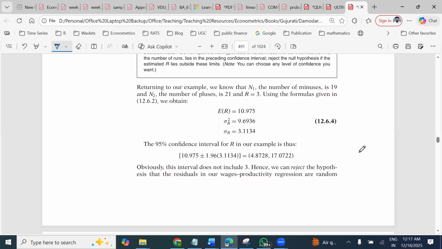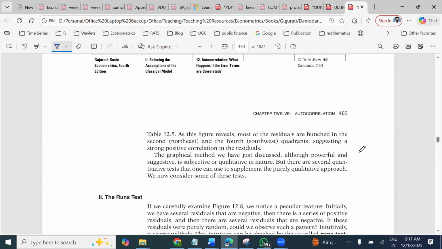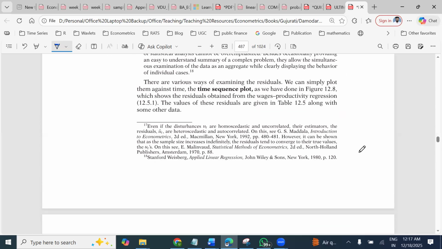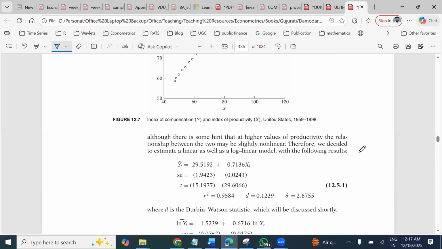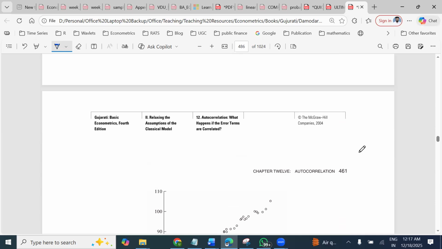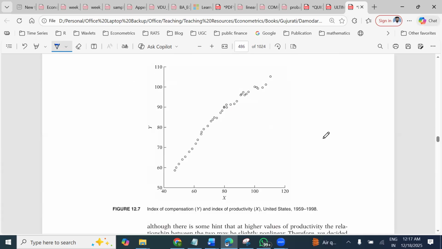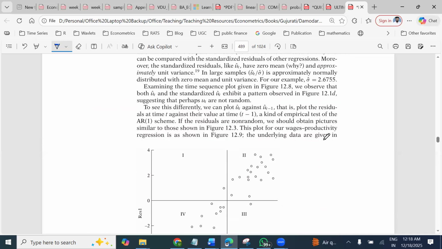This is autocorrelation. Detecting autocorrelation, here it is. How will you detect the autocorrelation? Chapter number 12.